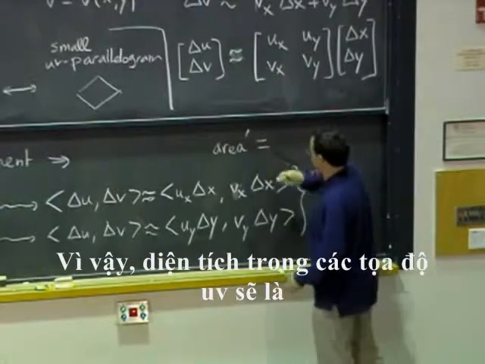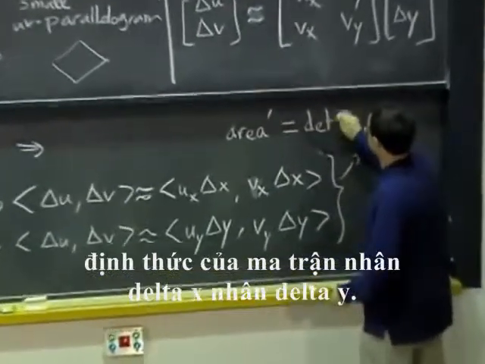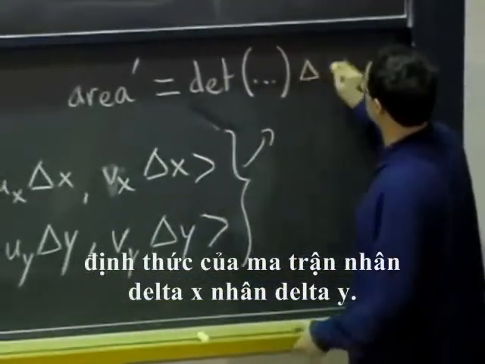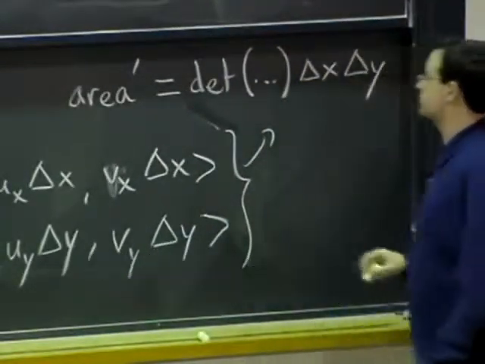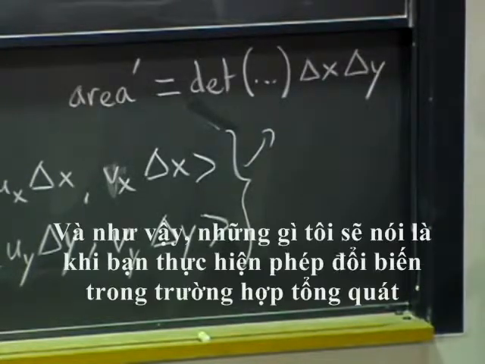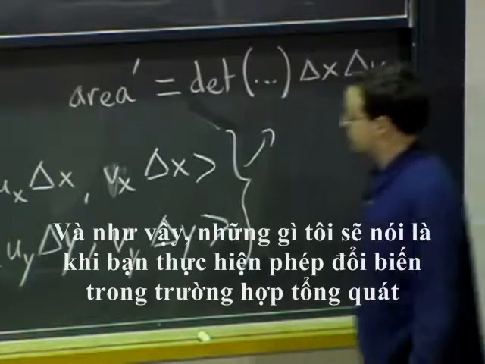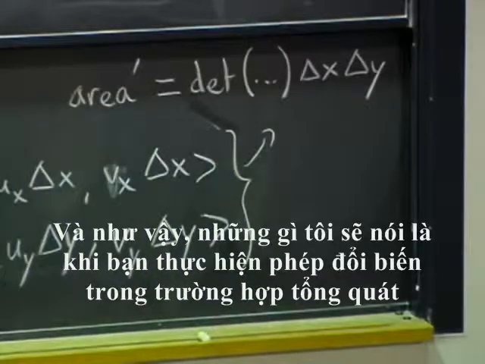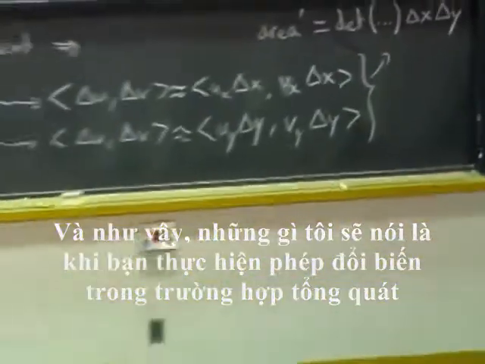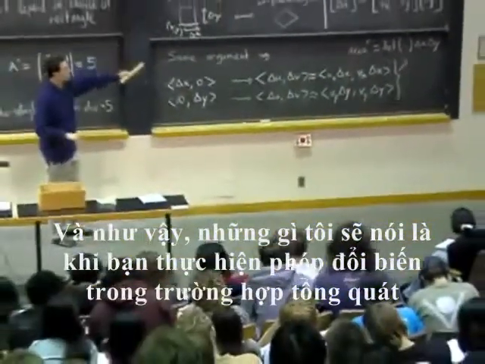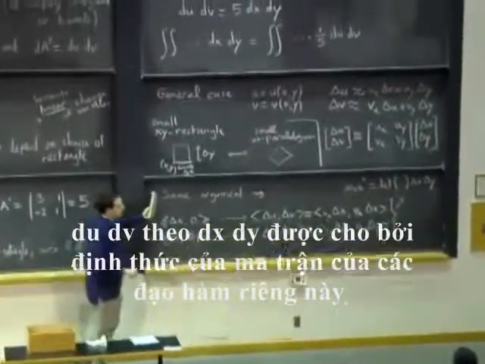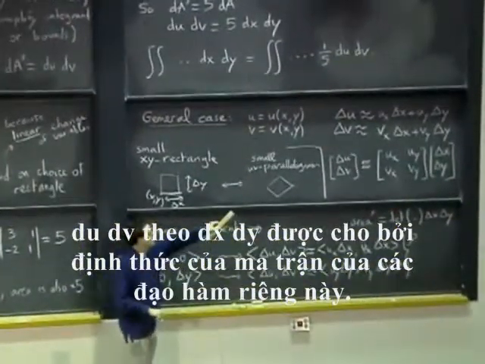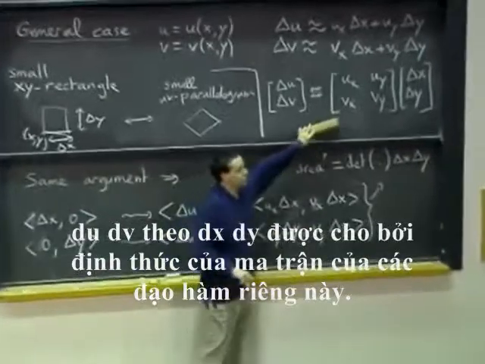So the area in UV coordinates will be the determinant of the matrix times delta x delta y. And so what I'm trying to say is that when you have a general change of variables, du dv versus dx dy is given by the determinant of this matrix of partial derivatives.